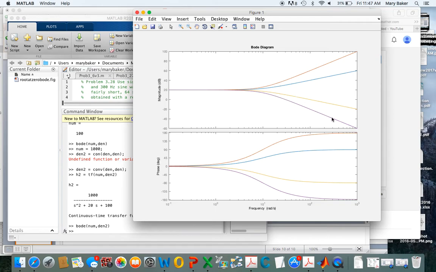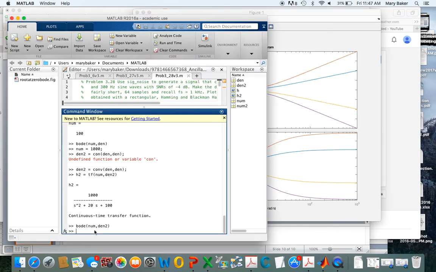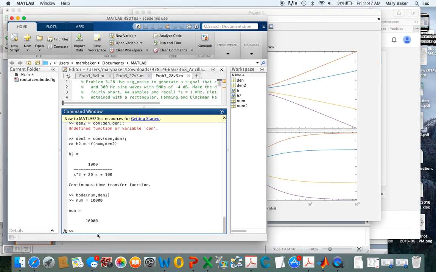So you see the purple line is acting to provide a steeper slope in this band. I could go a step further, and I think I will. Let's make the numerator 10,000. I think that'll set my gain correctly. And then let's make the denominator, I'll call it denominator 3. We'll make it third order.